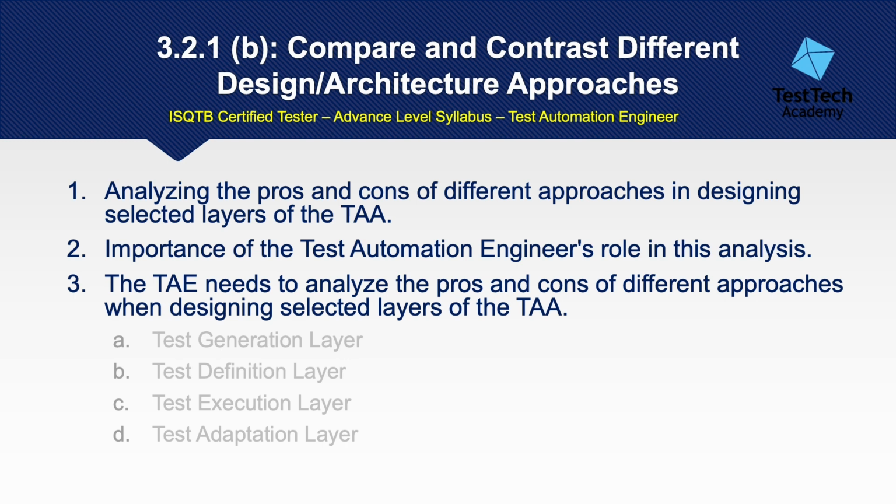Each layer of the TAA, whether it is the test generation layer, test definition layer, test execution layer, or test adaptation layer, presents unique challenges and opportunities. Next, we will discuss considerations for each of these layers in detail.